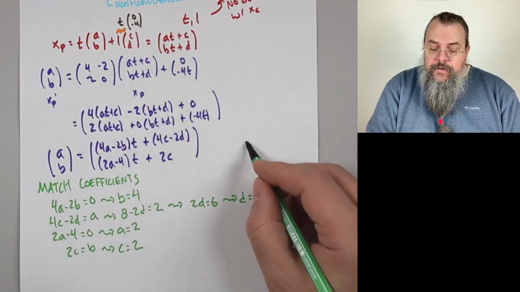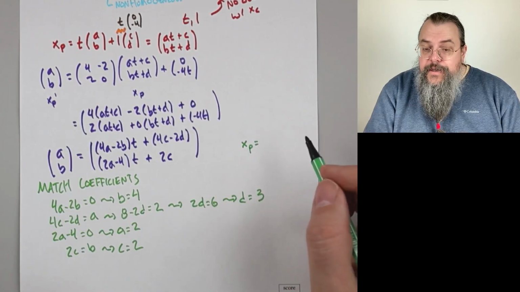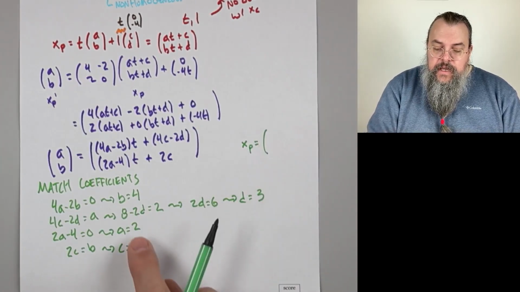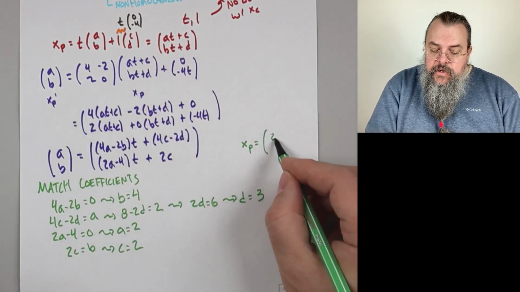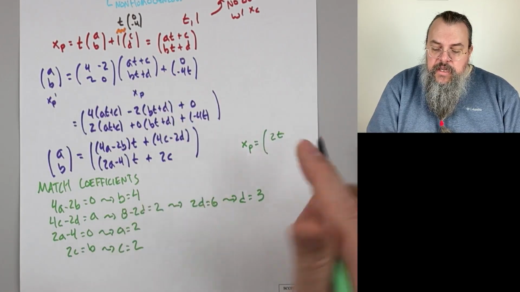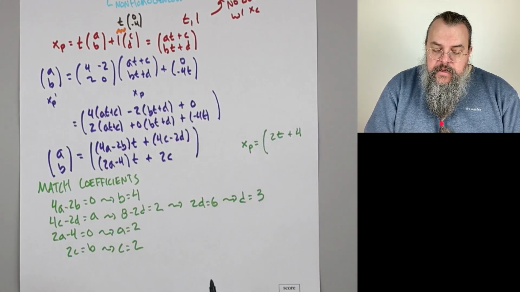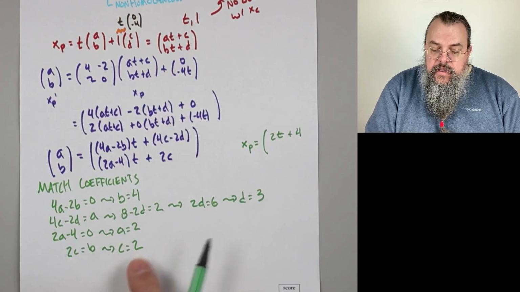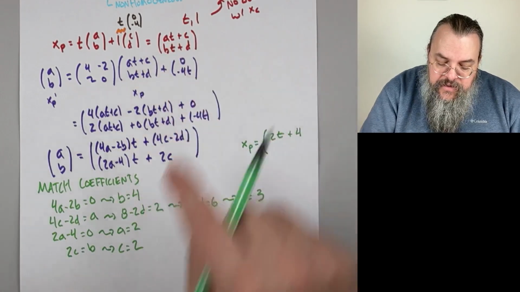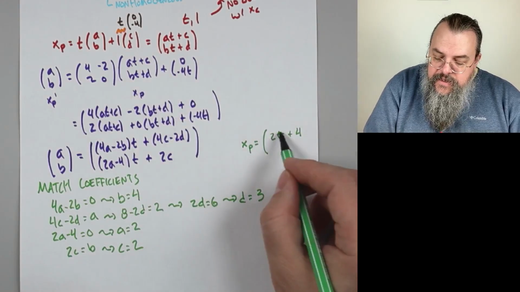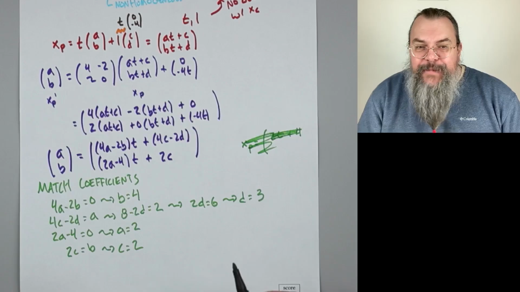And so we can say that our particular solution, because we just need one, is a times t, so that's 2t plus b, plus 4. And then c times, at plus c. It's easy to make mistakes.